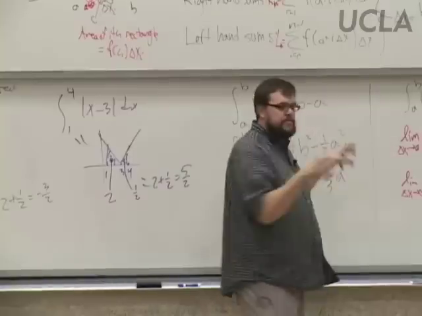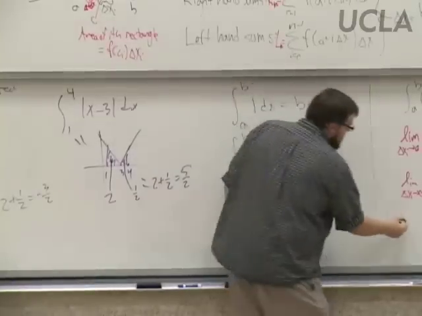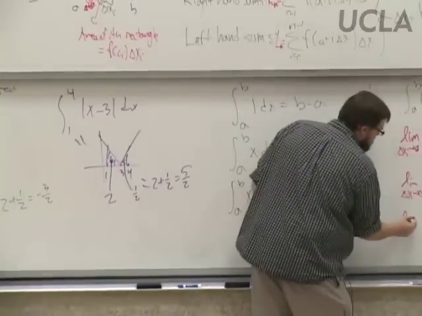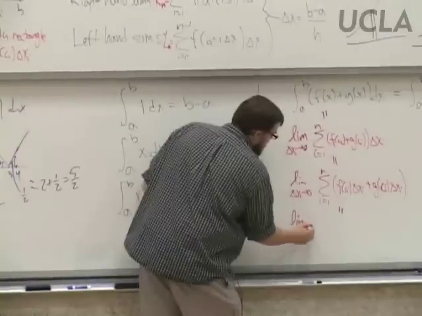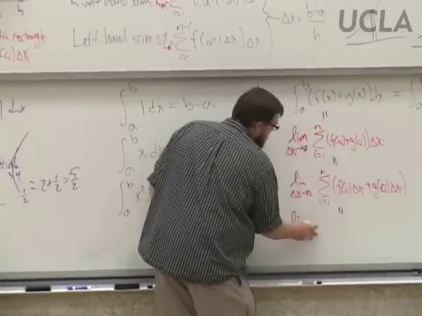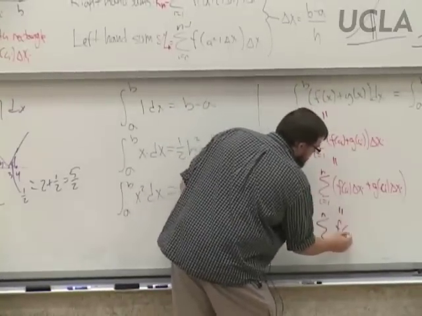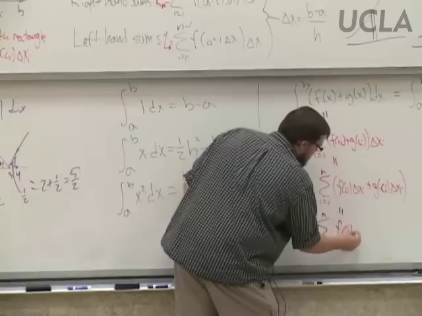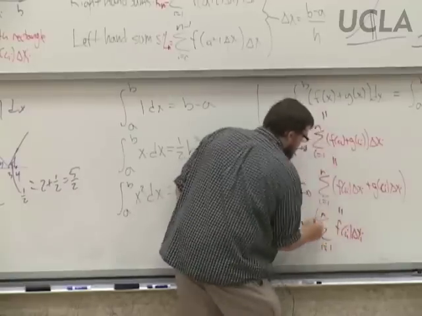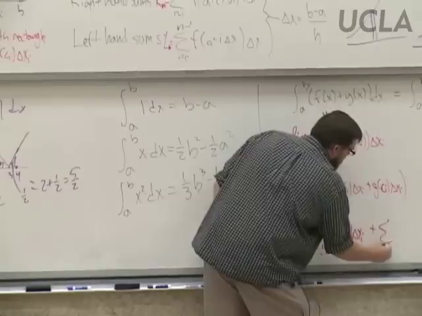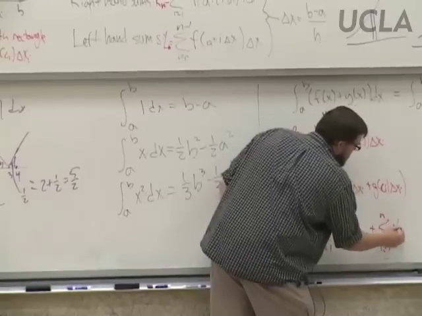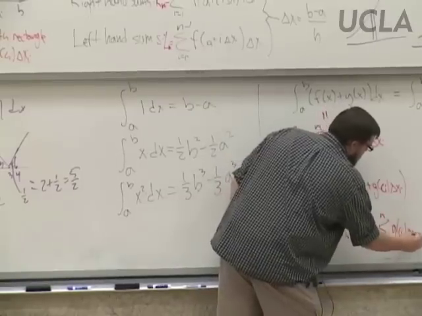In other words, I can break sums up into pieces. So this is the limit, as delta x_i goes to 0, of my sum, i equals 1 to n, f of c_i delta x_i, plus the sum, i equals 1 to n, g of c_i delta x_i.